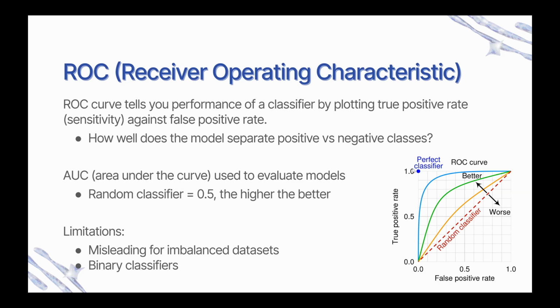Up here, this point here. But most of the time you'll get a curve that is not quite at the top left corner. But ideally you would want your true positive rate to be always higher than your false positive rate, right, to be up here, right? I hope people see why you want it to be up here.